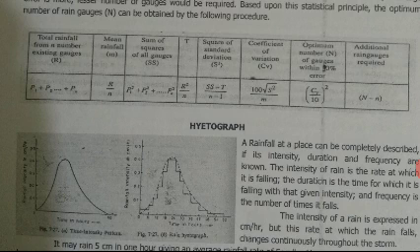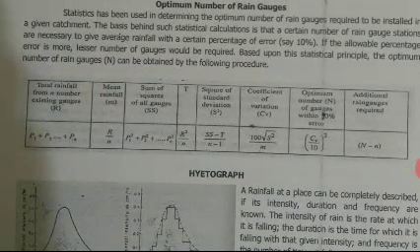So, based upon this statistical principle, the optimum number of rain gauges can be obtained by this procedure. You can refer to this table.